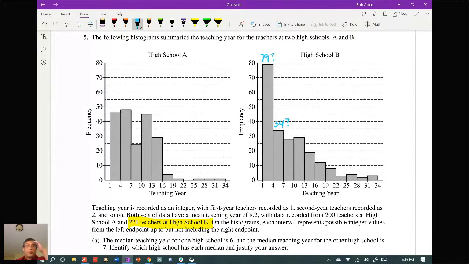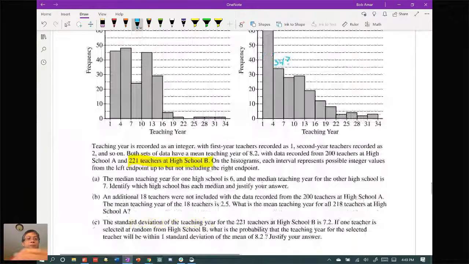Right? Okay. Now you should know from a histogram that the left endpoint's included, but the right endpoint's generally not. And so what I see here is that the combined frequency of these two classes is somewhere in the neighborhood of 112 to 114. Okay, so for part A, I'm going to say the following.